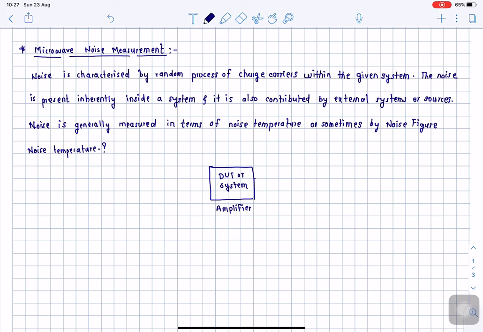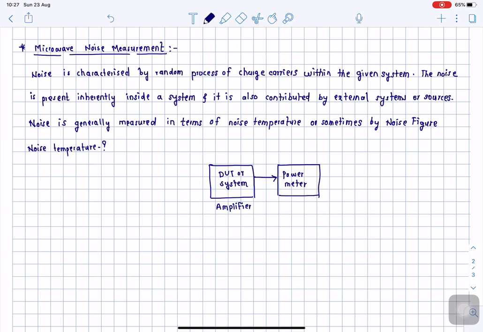Now this device is connected to a power meter. We are going to measure a power. So that's why this device under test, whose noise we want to quantify, is connected to a power meter, and this device is terminated on the left hand side with a certain load. Let us say this is a resistive load. This is the measurement procedure.